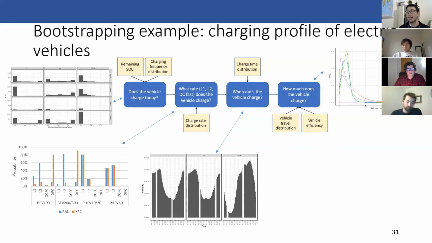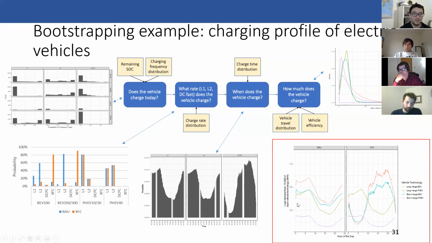I can combine all of that through my algorithm or system model, and come up with these distributions about what the load looks like at any given hour in the day.